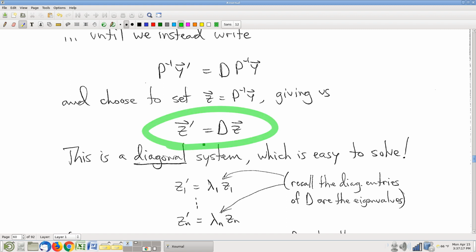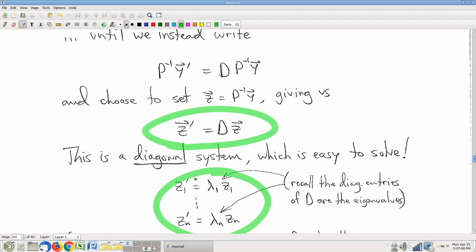It's kind of a shorthand. But don't forget what the system actually is. The system is made up of a bunch of individual equations, and let's write that all out. What is the first equation? The first equation, Z1 prime equals, okay, now I'm going to have to take the first row of my diagonal matrix, and those are my coefficients that I multiply by the components of Z. So I'm going to have the diagonal entry lambda 1 times Z1.